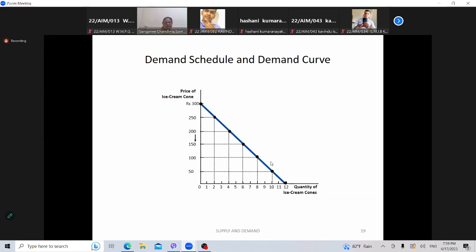I took small examples just to make you more clear about the demand curve and the demand schedule. Let's say the price of ice cream cone reduces from 200 to 150. Then you can see the quantity demanded of ice cream increases from 4 to 6, 4 ice creams to 6 ice creams.